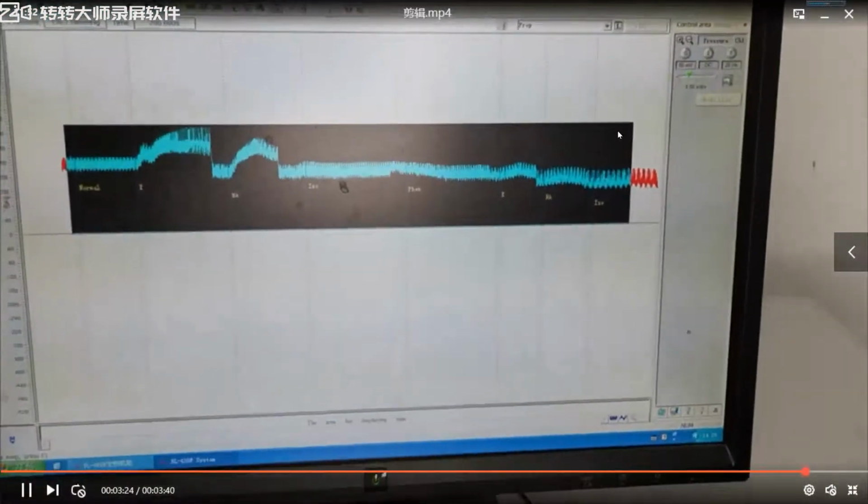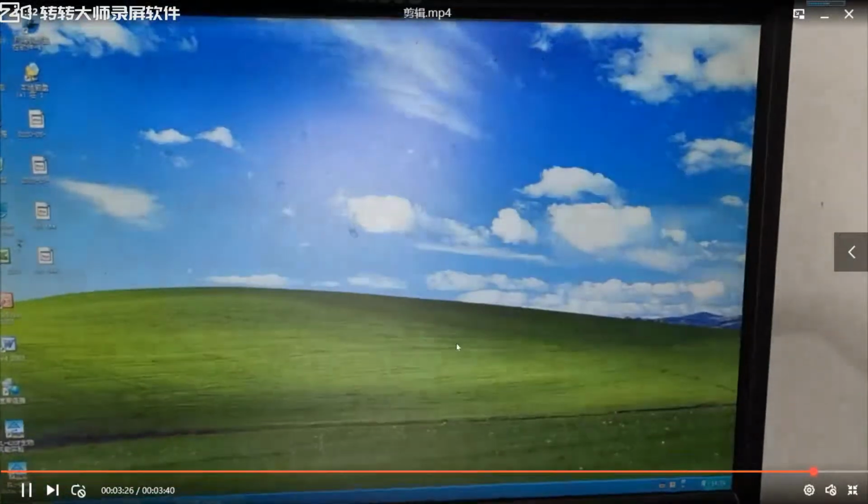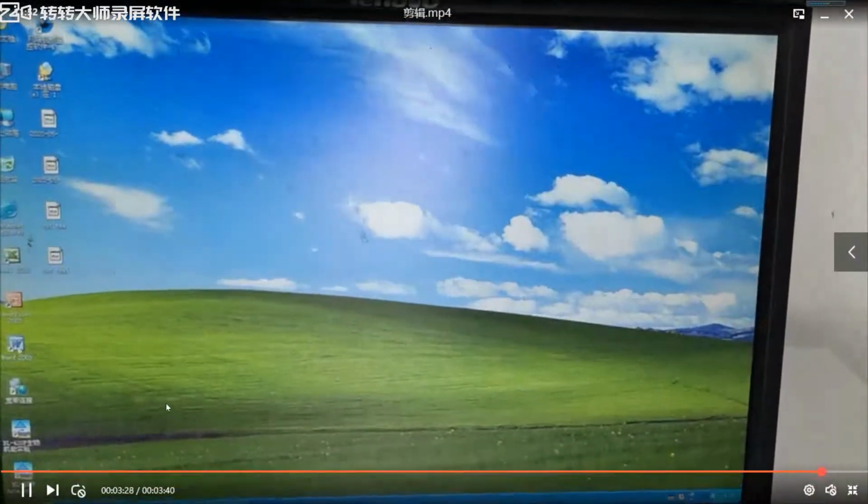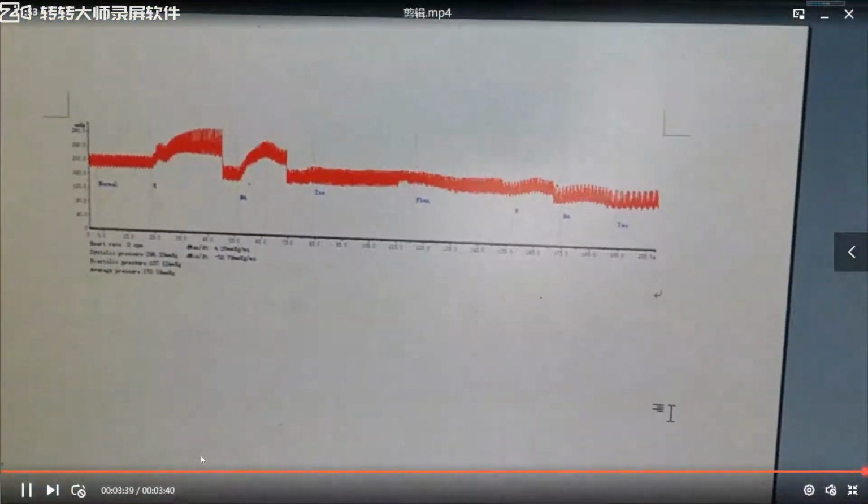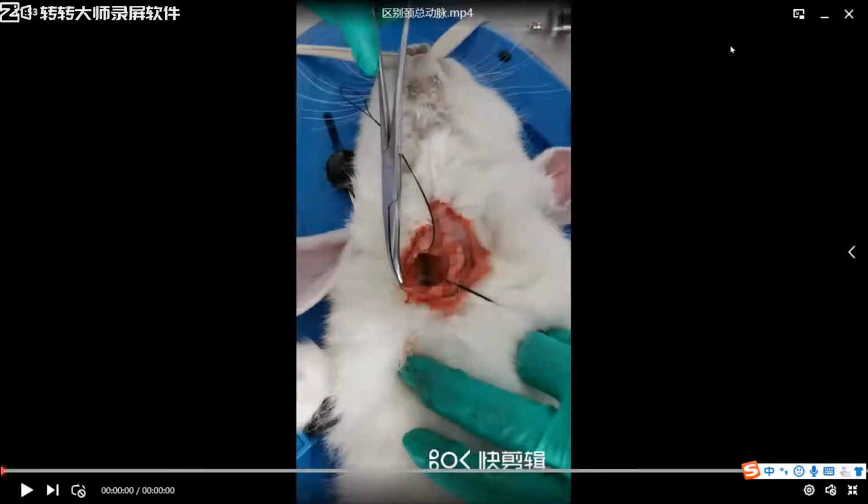Because this document is in this biological system, open Word and copy this curve.